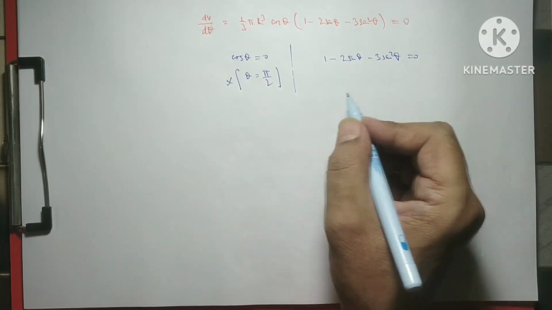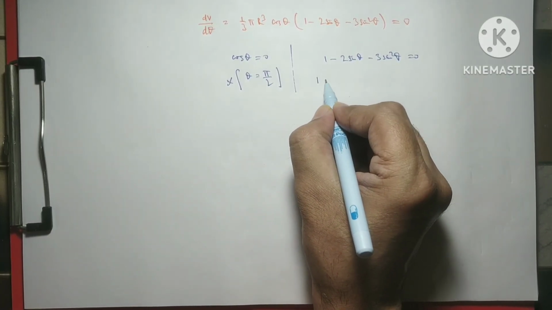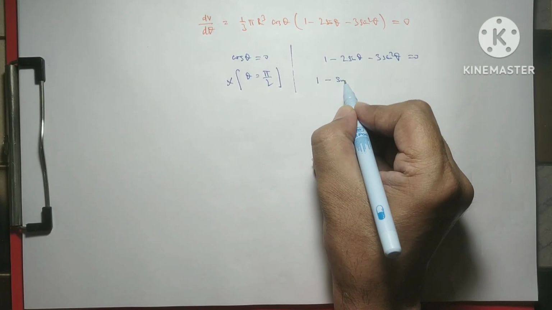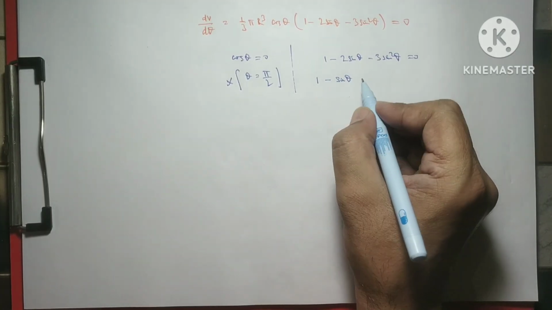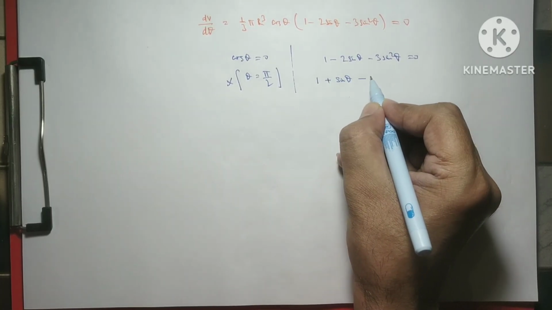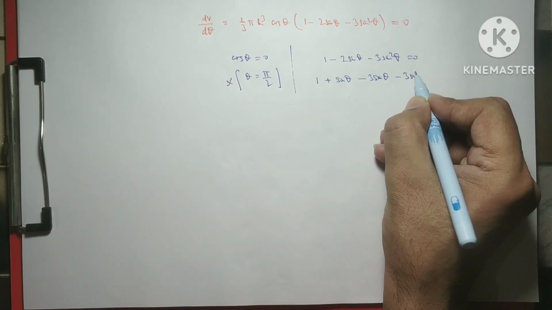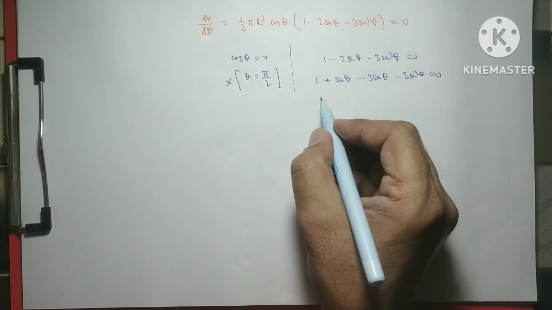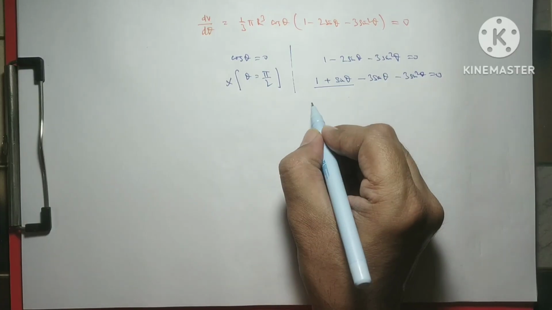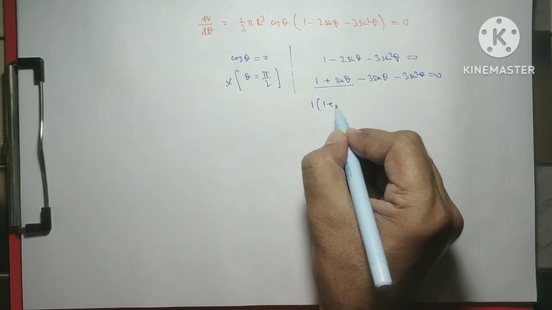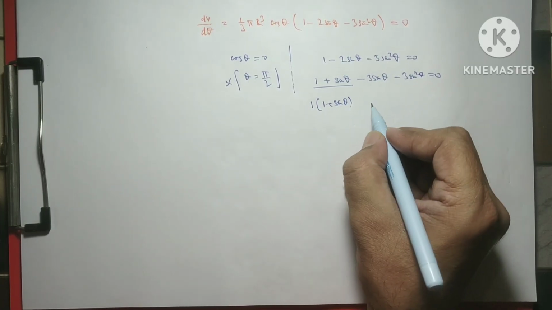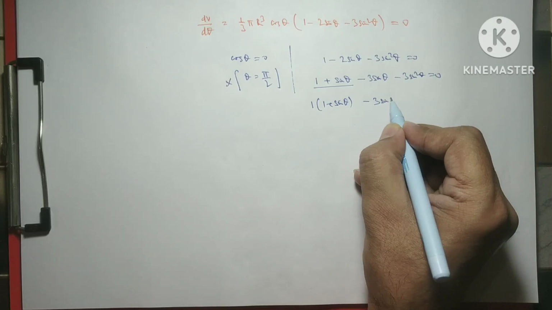So on factorization we get 1 minus sin theta minus 3 sin theta minus 3 sin square theta. So on taking common 1 plus sin theta, and there is minus 3 sin theta.